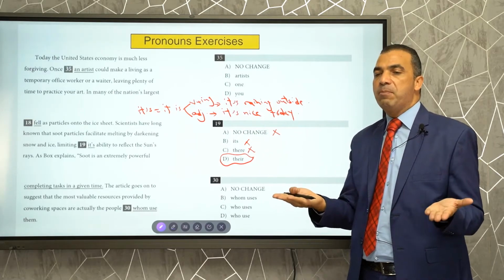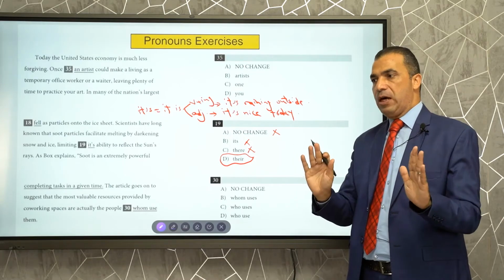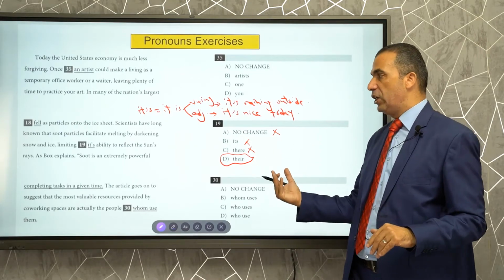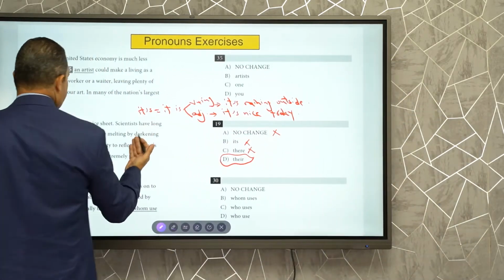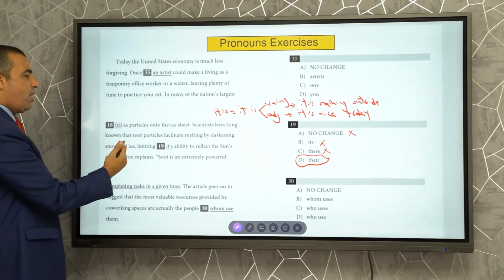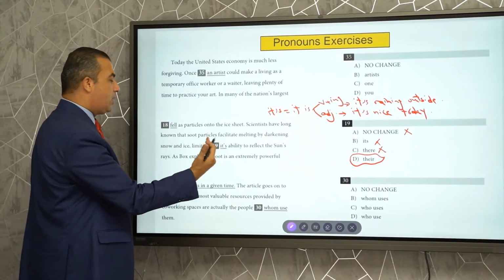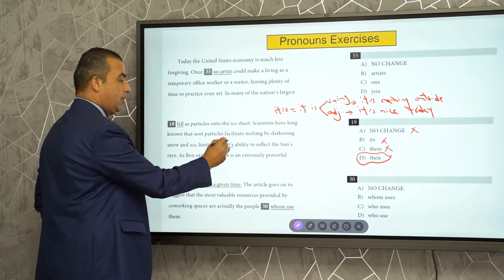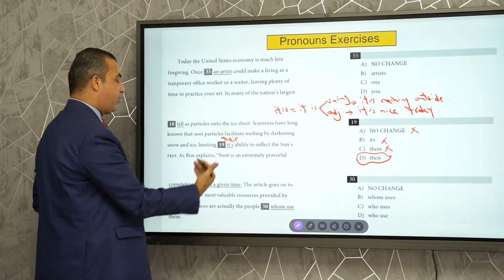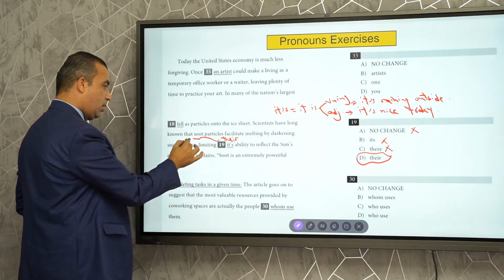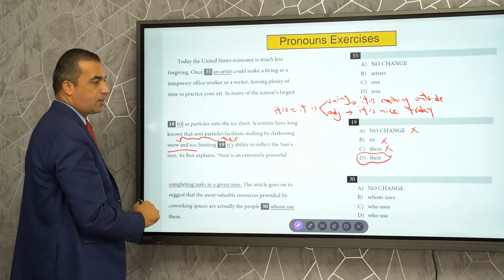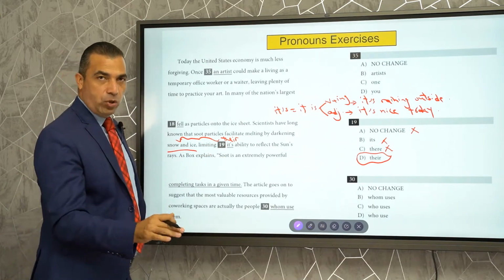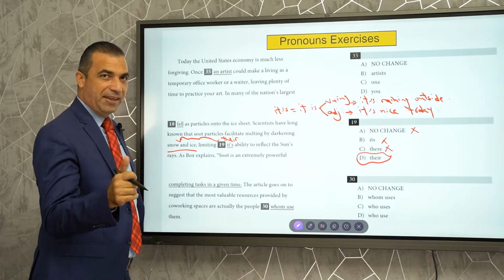I can't refer to them by its, but the correct one is their. So scientists have long known that soot particles facilitate melting by darkening snow and ice, limiting their ability to reflect the sun's rays. You got it? Thank you.